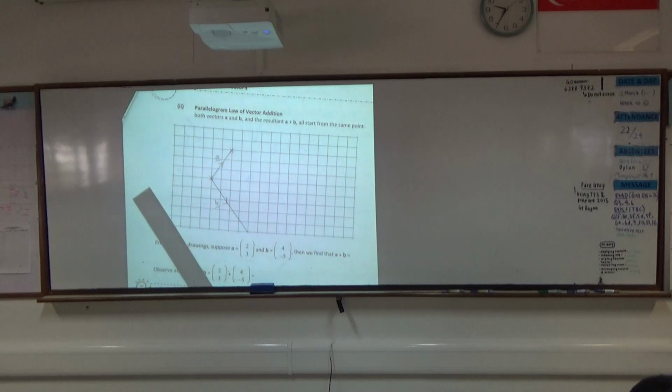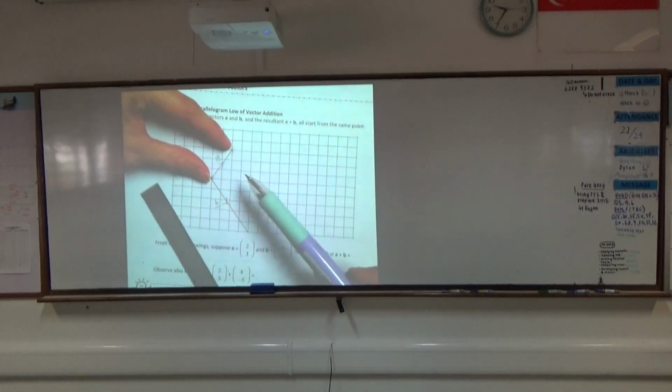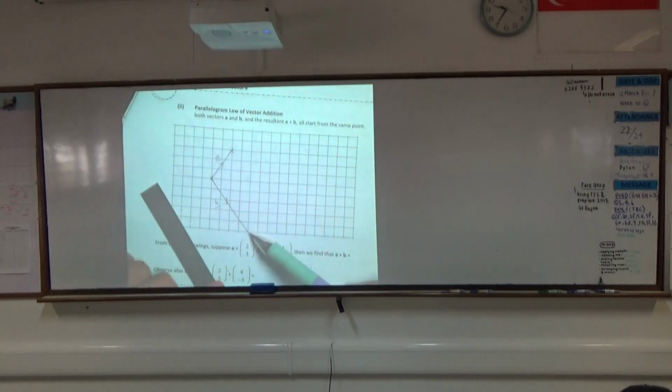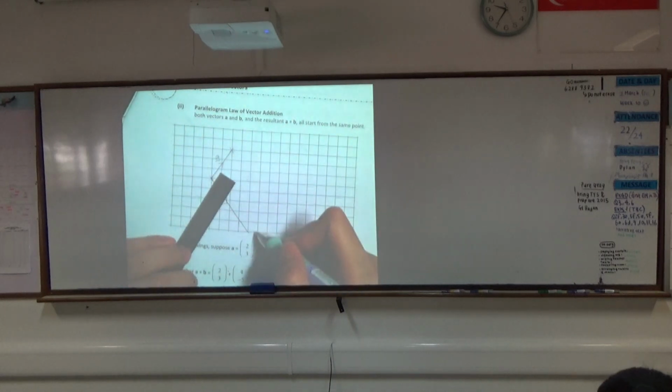Then we make use of the parallelogram law, or vector addition, where I can draw a parallel vector to A going to where the other side of B is. When we use the parallelogram law, usually we do a dotted line.